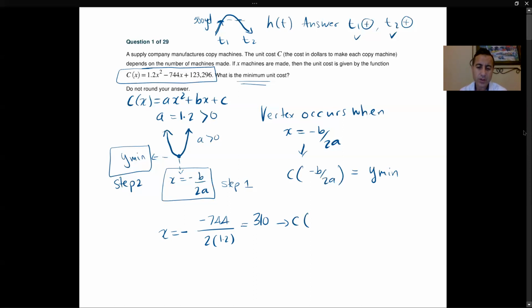Then we do 310, and as we mentioned now, x, which is that placeholder, is 310. 123,296.